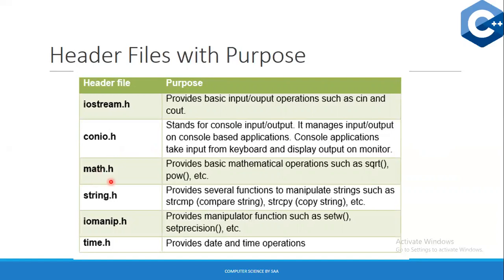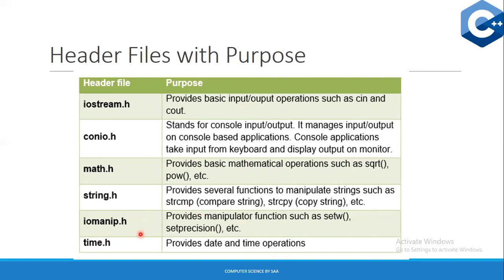Then the math.h header file is used for basic mathematical operations such as square root, power, and there are so many others. Then the string.h header file is used to manipulate strings, for example, string compare, string copy, and we will study these functions in chapter number 5, that is arrays.